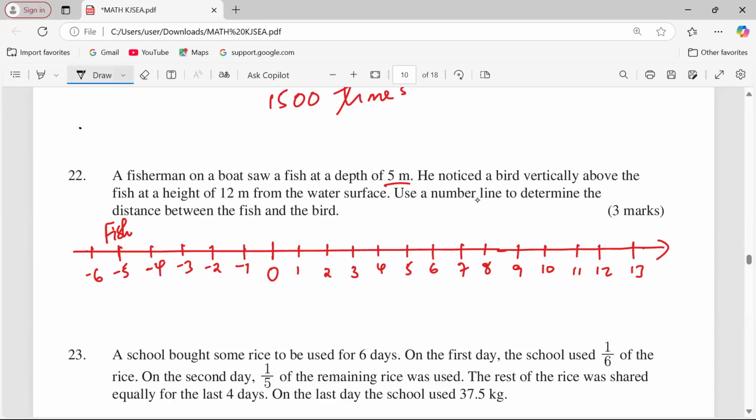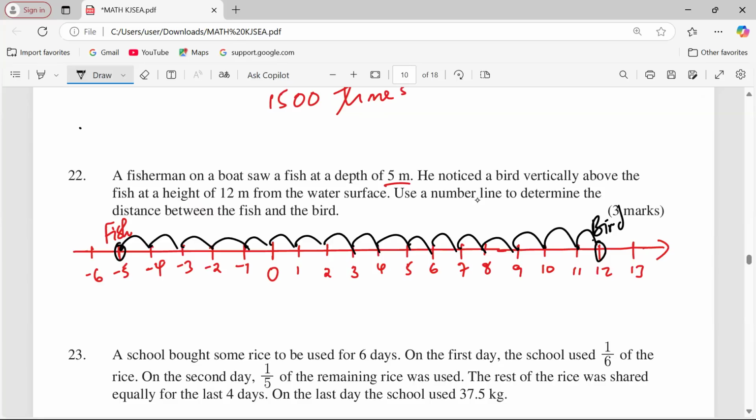Now look at it this way, from where the fish is to where the bird is. The bird is here, and this is where the fish is. So what is the distance between the two? We just count the units between the fish and the bird: 1, 2, 3, up to 17.